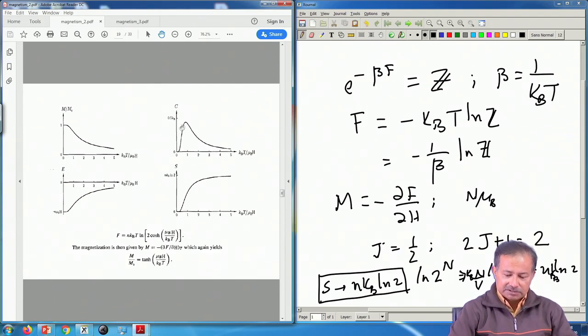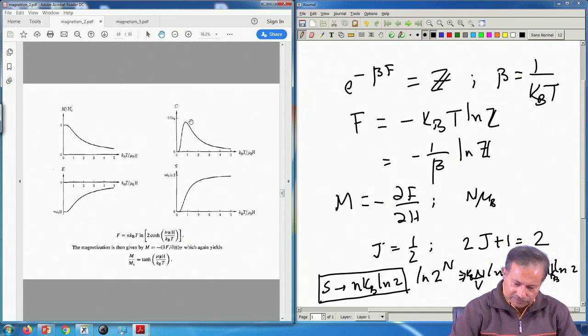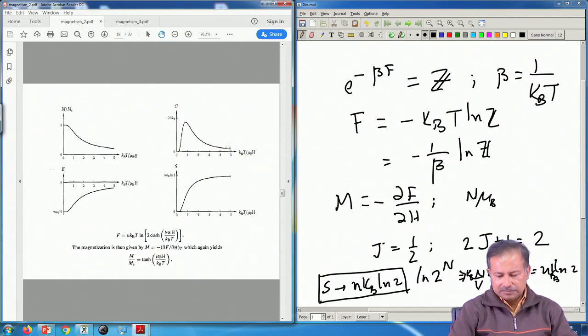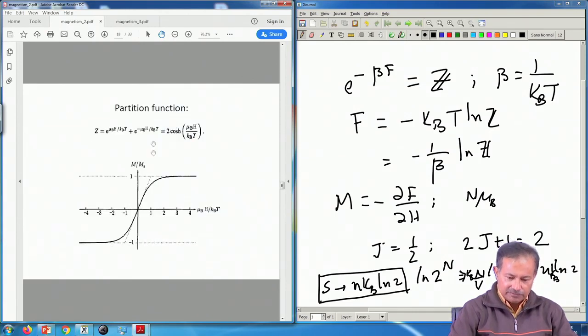Specific heat has this peak structure at around kBT equal to mu B into H, and then of course it declines, it goes down as a function of temperature, and so that is the typical specific heat for this kind of system. And then of course this is an important curve.